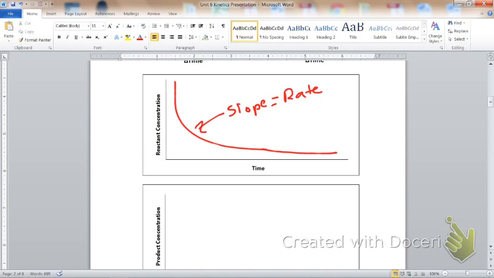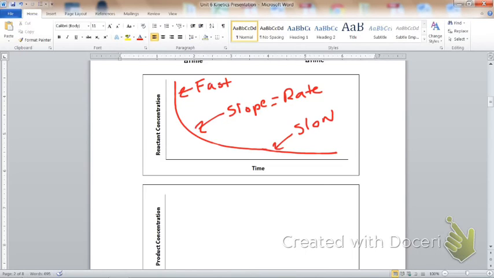So what this tells us is that initially the reaction is really quick. Up here, we're starting the reaction out. It's really fast, right? And why is it so fast? Because we have a lot of reactant to begin with that can react with each other to form product. But over time, the reaction rate begins to slow down. Down here, it's really slow.